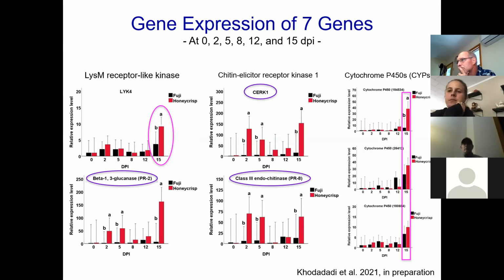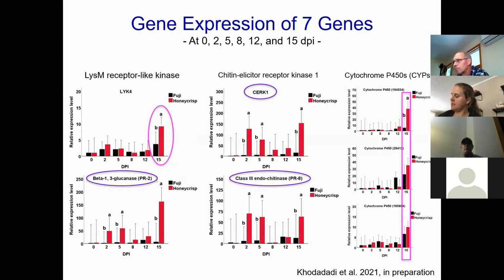And what we found, when you look at these purple elliptical highlighted boxes, is that these PR2 genes, SERK1 and PR8, were immediately upregulated, expressed significantly 2 and 5 days after the infection that we did in the lab. And this response was really most robust in Honeycrisp.